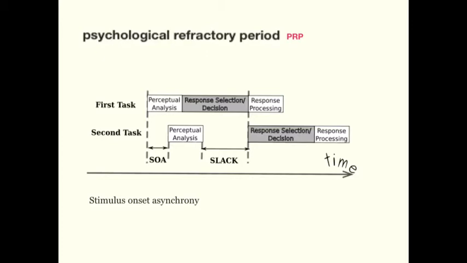Based on the single channel hypothesis, the first stimulus needs to be dealt with before the defender can move on to the second stimulus. We've got this term stimulus onset asynchrony, which doesn't show up in the exam questions, it's just part of this diagram. It means the time between the first stimulus and the second stimulus.